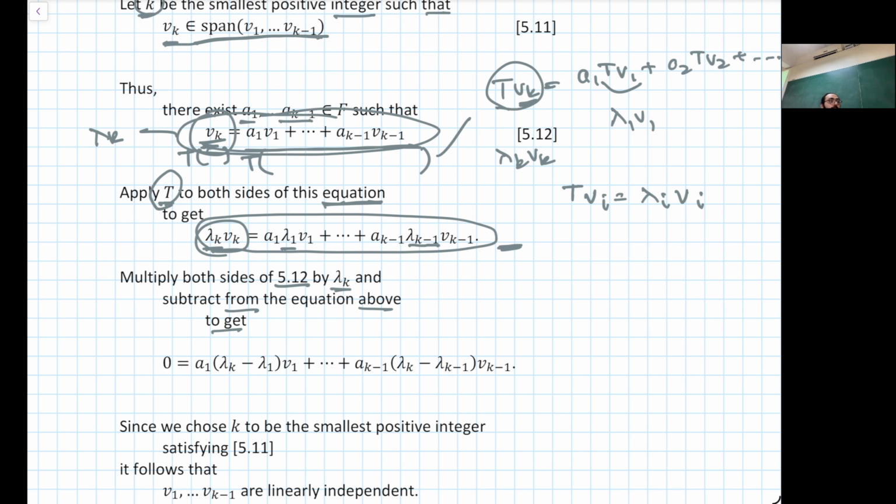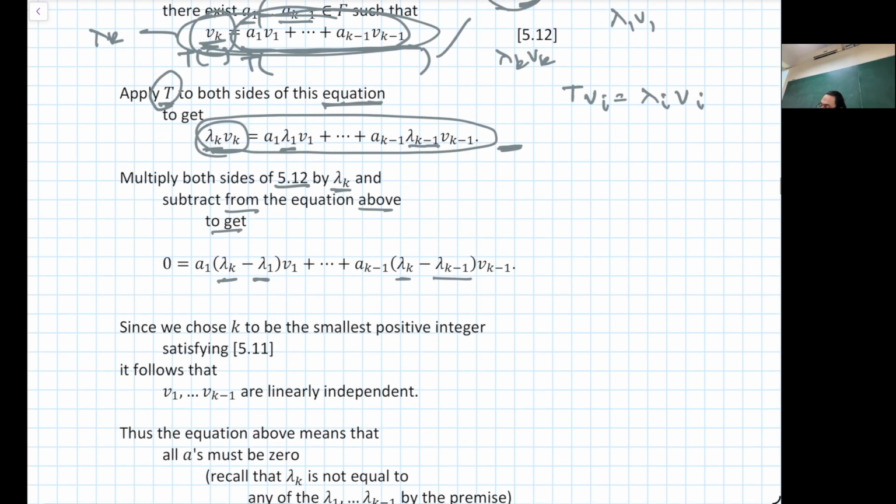The left-hand side disappears because you're subtracting lambda k vk from lambda k vk. On the right-hand side, each of these coefficients is going to pick up an additional lambda k. So you will have lambda k minus lambda 1, lambda k minus lambda 2, and so on. Is that fine? Okay.